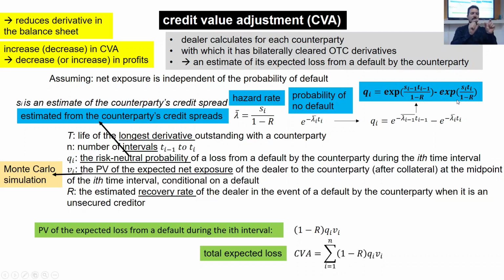So practically between discrete time data points we can estimate the risk neutral probability of loss, because right now we are assuming that there is no relationship between the level of exposure and the probability of default, which is usually not the case.